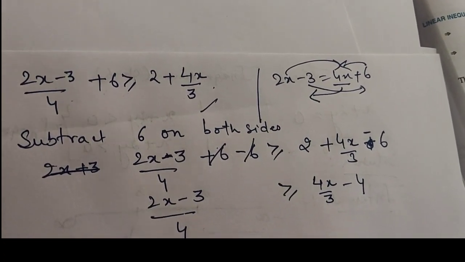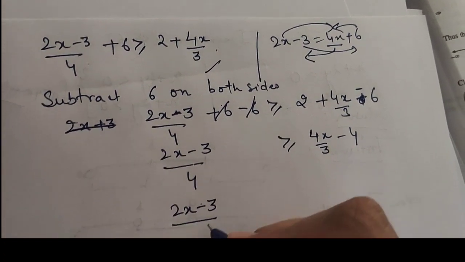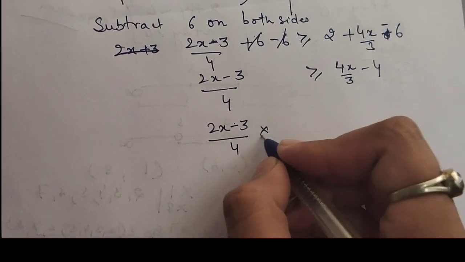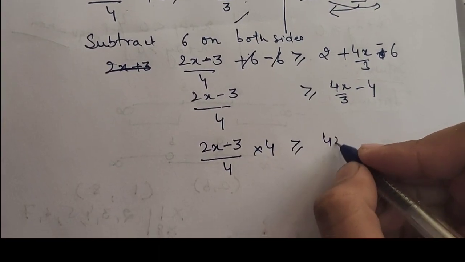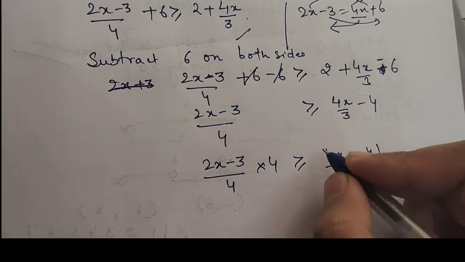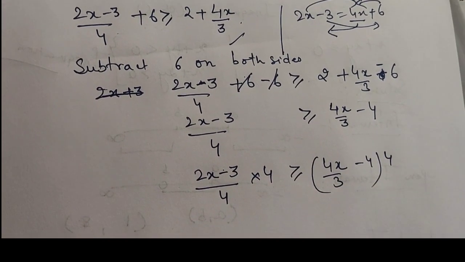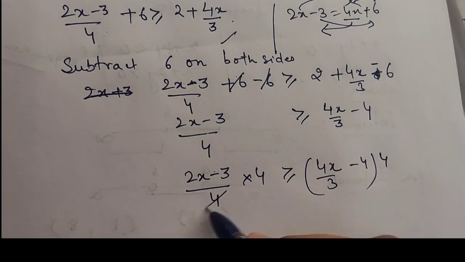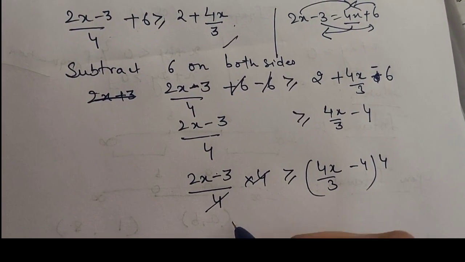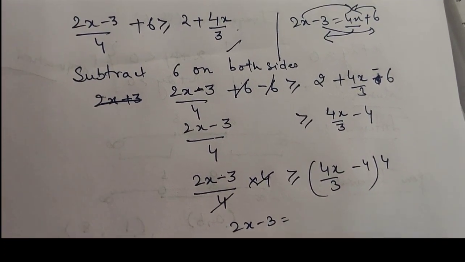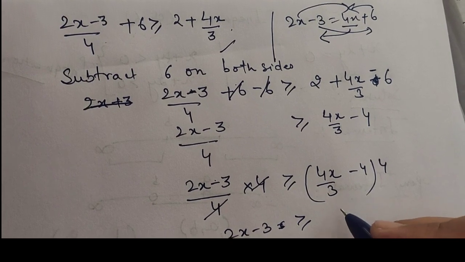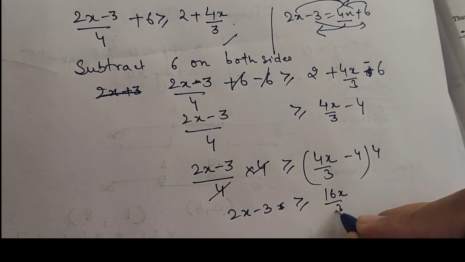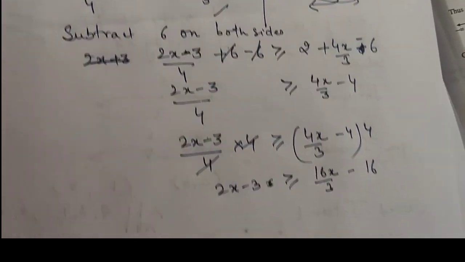Yes, you can. If you multiply both sides by the same number, and 4 is a positive number, then inequality remains same according to the rule. Cancel each other, and then you should have greater than or equal to 16x by 3 minus 16.